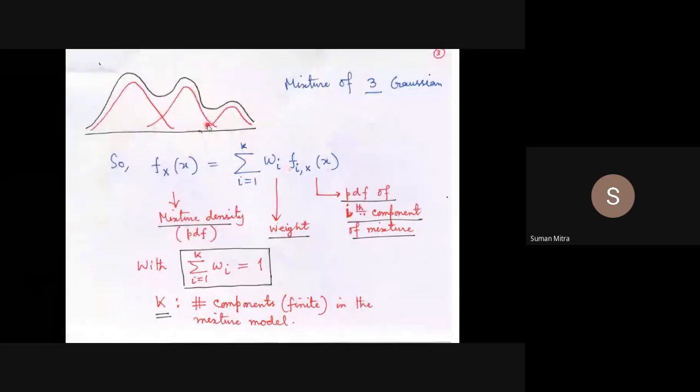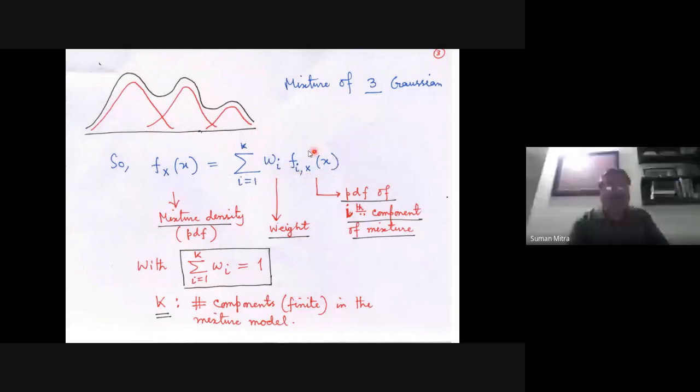If we assume that there are k components, here in this particular example k is equal to 3, right? If we consider there are k components, then we take Wi multiplied by the PDF of the ith component. This is the first component, this is the second component, this is the third component.